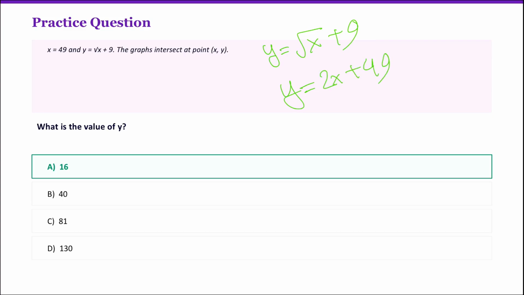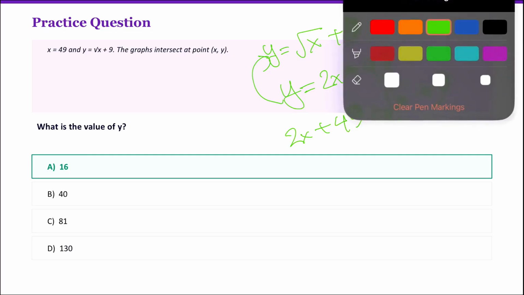Then suddenly this equation is harder to solve, but once again, you want to substitute the linear equation, and then solve the resulting quadratic equation that you get by isolating the radical, squaring both sides, and so on.